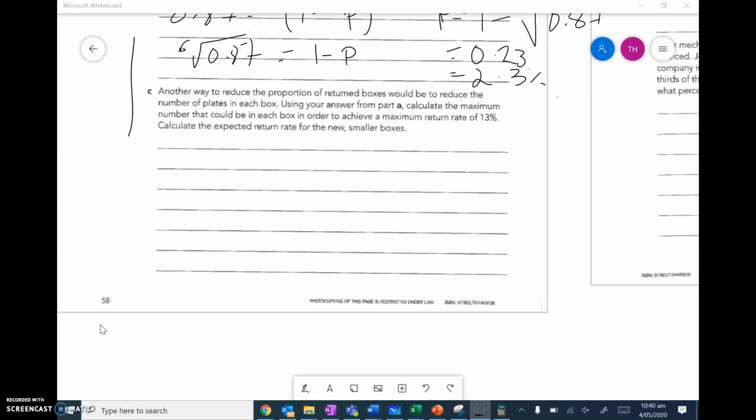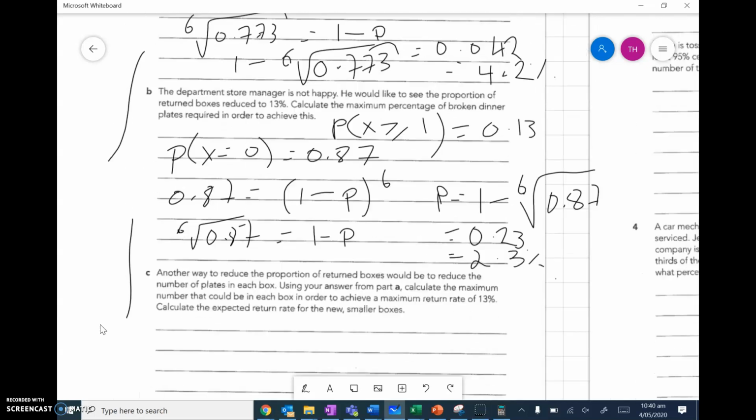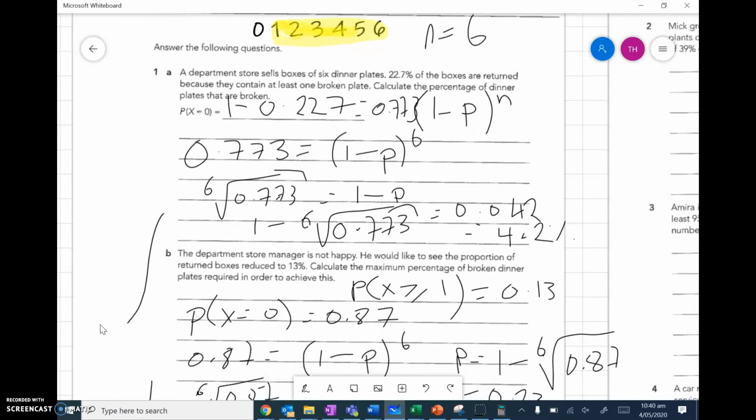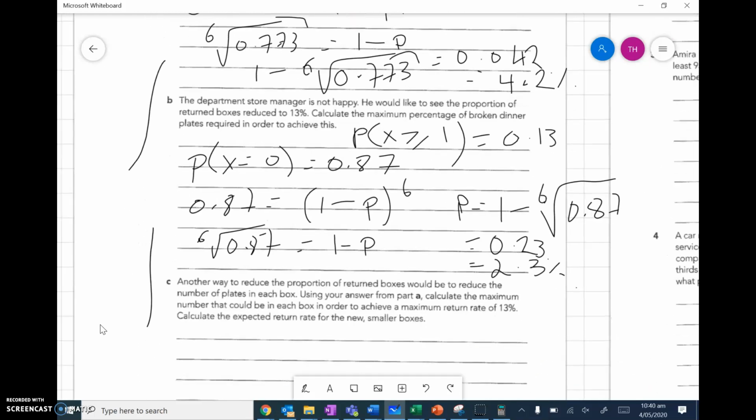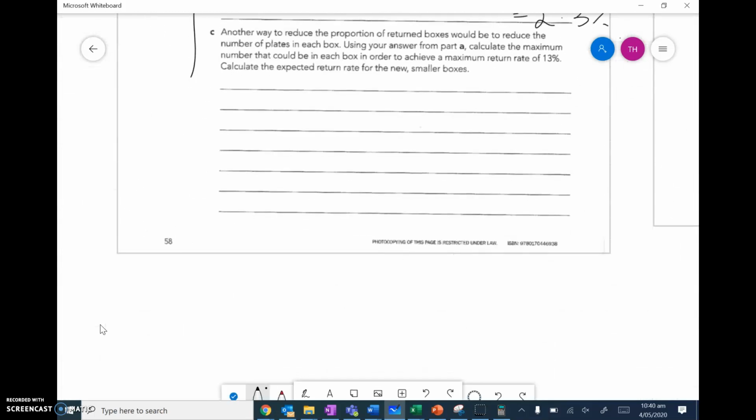So this one says using your answer in part A, the probability that there was a broken plate. My probability in part A was 4.2% or 0.042. So my probability of a plate being broken equals 0.042.